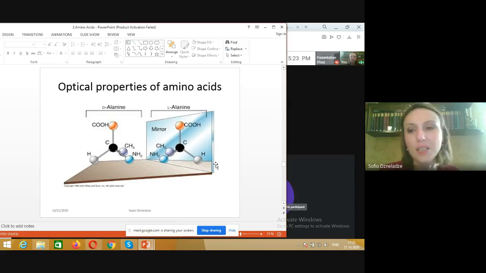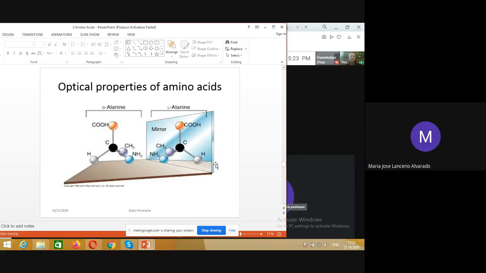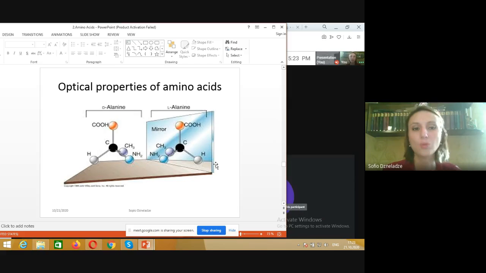Amino acids are optically active, yes. They can produce two different types, D and L forms. And what are optical properties? They can make mirror images of each other. They can rotate, and this rotation can cause this amino group to be on one or another side of the molecule.